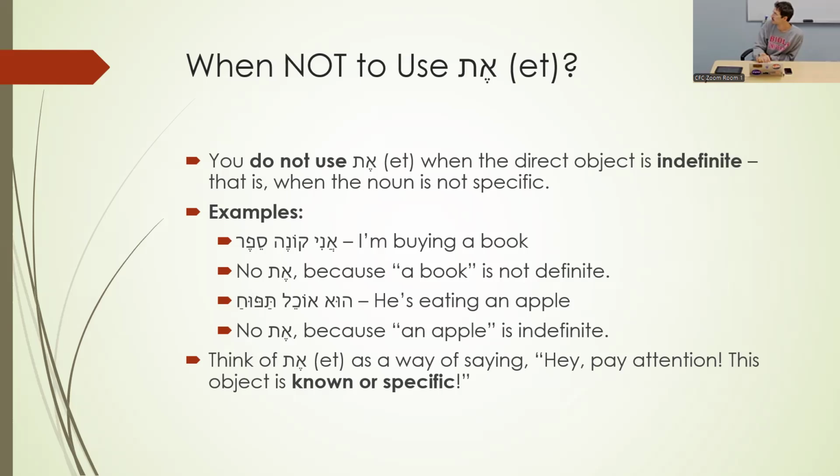Okay, some examples of when not to use it is when the direct object is indefinite. So for example, when I'm buying a book, I'm not buying the book, I'm buying a book, אני קונה ספר. קונה, buying, ספר, book.